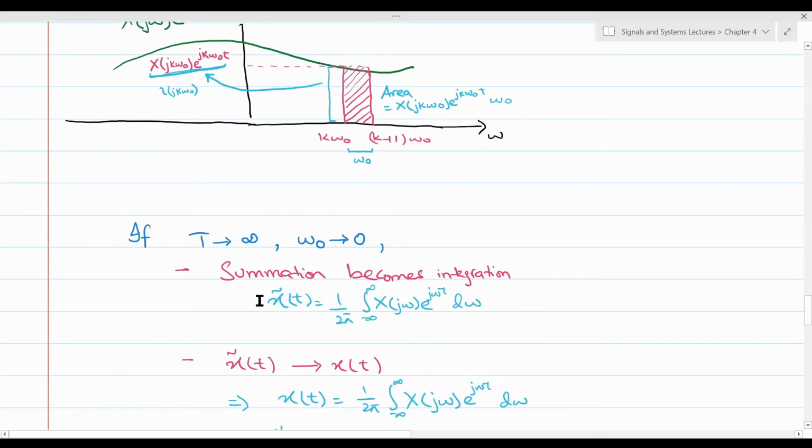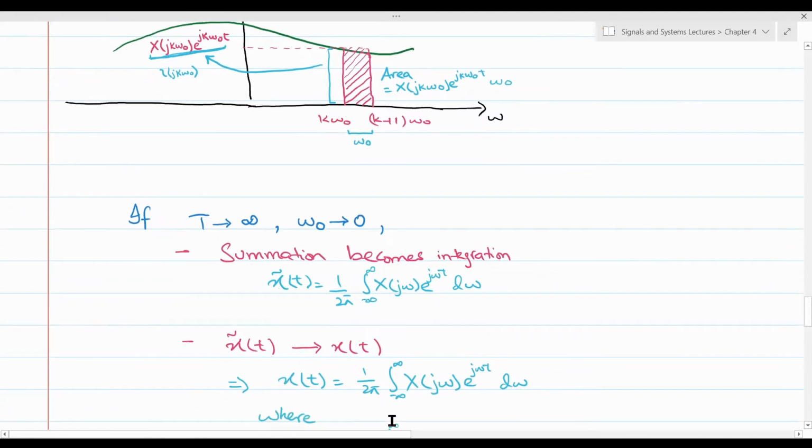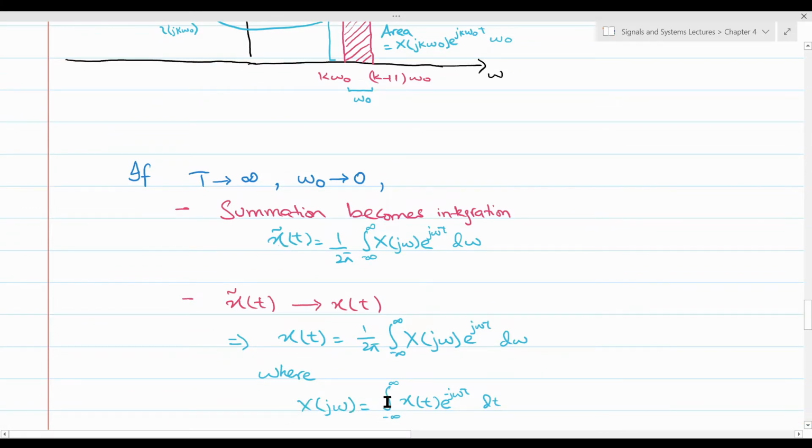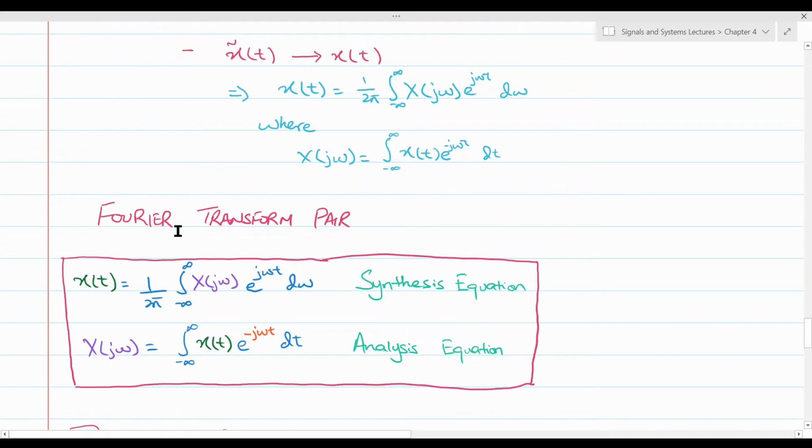Therefore, we can replace this periodic x tilde with the aperiodic x(t), and we can rewrite the same integral equation. x(t) equals 1 over 2 pi integral of X(j omega) exponential of j omega t d omega, where X(j omega) was defined previously as the integral of x(t) exponential of minus j omega t dt. And these two equations are called the Fourier transform pair, in which the first equation is the synthesis equation and the second equation is the analysis equation.